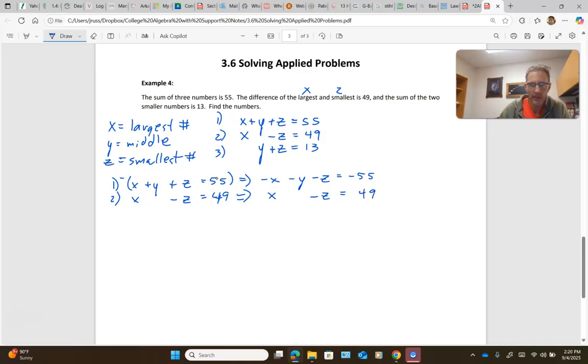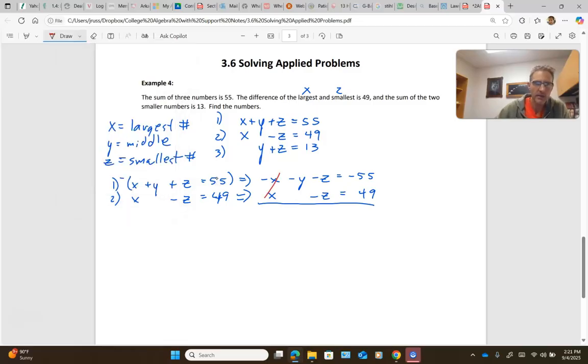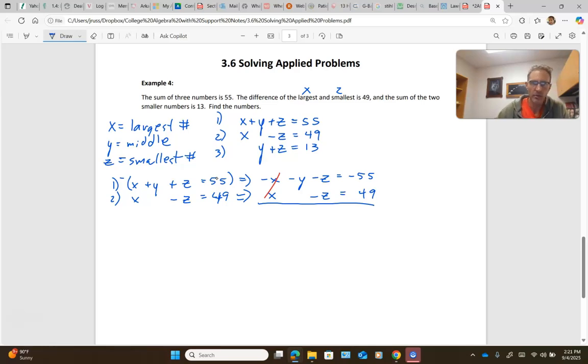And now we can combine these and eliminate our x's. And so now if we add these columns, we'll get a -y. A negative z with another negative z will be a -2z. And then -55 plus 49 is -6.